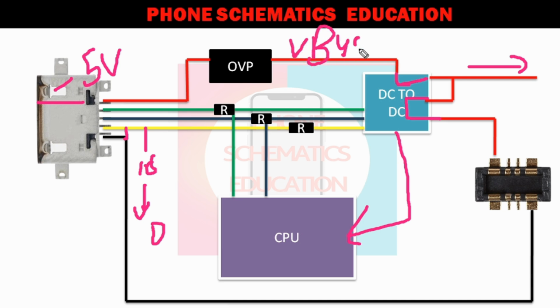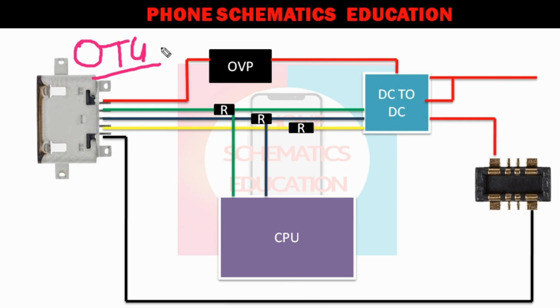Now your battery voltage fulfills the requirement of the OTG through the V bus line. The OTG requirement is fulfilled by this V bus line through battery voltage. Right? I hope you get my point. If you have any doubt, just give a comment.